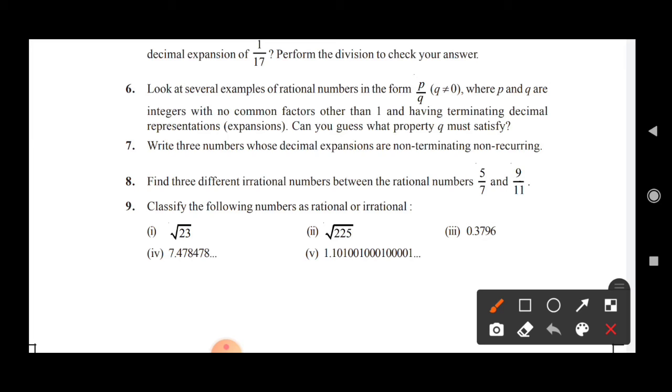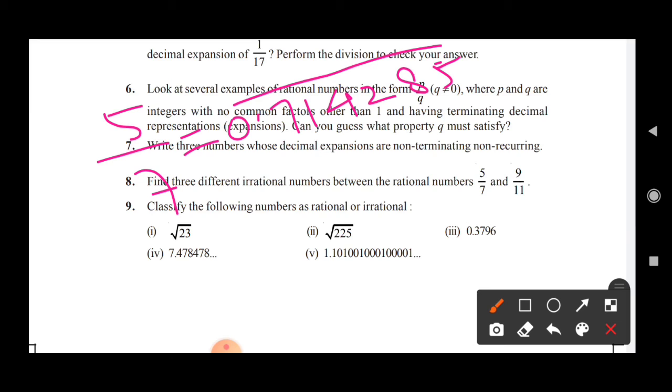But I can summarize this: 5 by 7 equals 0.71428, this will repeat again and again. So the bar will stand on 71428. And if you divide 9 by 11, then you will get 0.81818181 this way. So the bar will stand on these 2 digits, since the 2 digits repeat again and again.